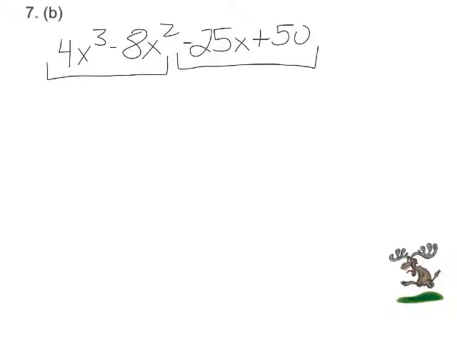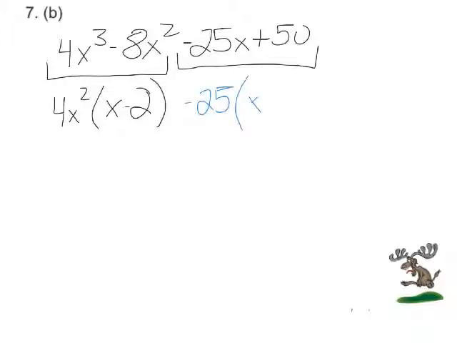For the first two, the greatest common factor that I see is 4x squared, and that leaves me with x minus 2. The second two terms, the greatest common factor I see is negative 25, and when I do that, I'm left with negative 25 times x minus 2. And we're on our way.